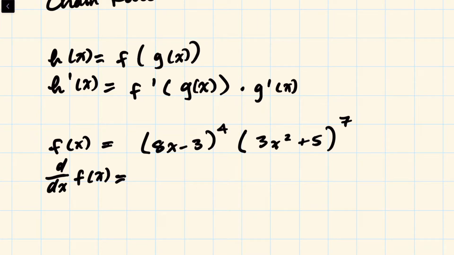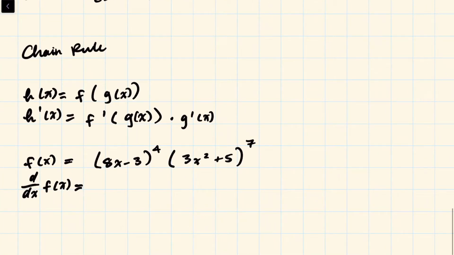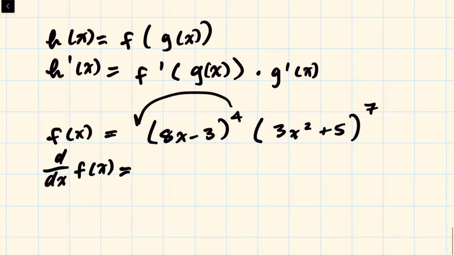So we're going to try using the product rule here. The product rule states: left d right, right d left. Our derivative of this, using the chain rule now, the 4 is going to hop out and go in front, because we're finding the derivative of the outer function. Say 8x minus 3 equals u here.